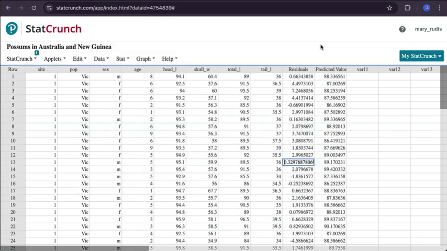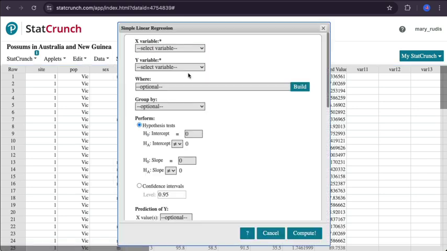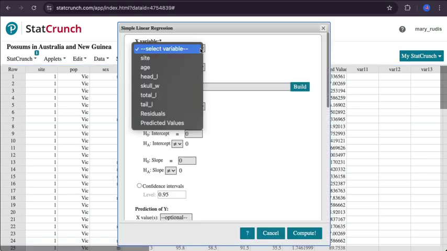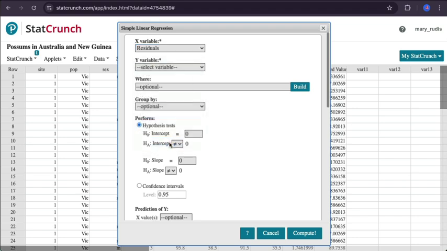The only other thing that I would suggest is that we should do a plot of the residuals versus the predicted values. So let's go back to stat and do a simple linear regression of residuals versus predicted values.